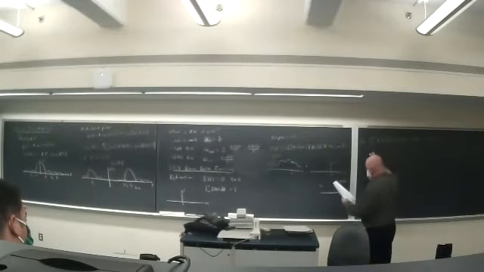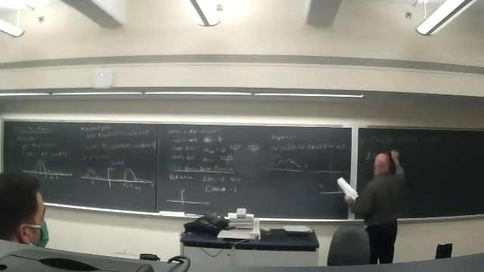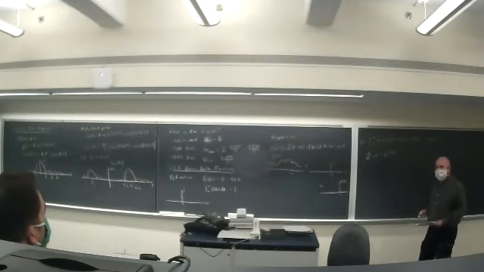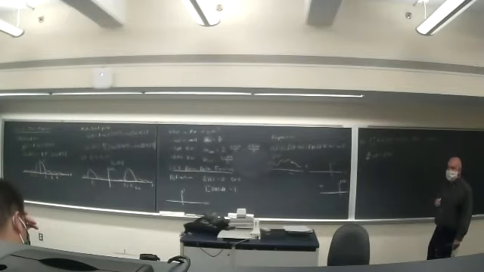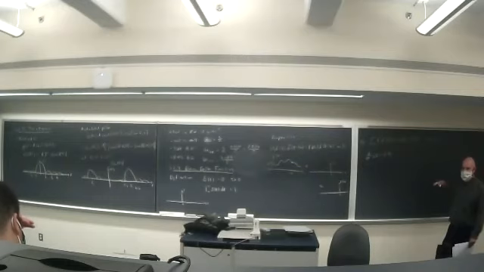We also have the derivative of the unit step. We define that to be the impulse. In your calculus class, the unit step is 0 for all t less than 0, so the derivative of 0 is 0. It's equal to 1 for all t greater than 0, so the derivative of 1 is also 0.